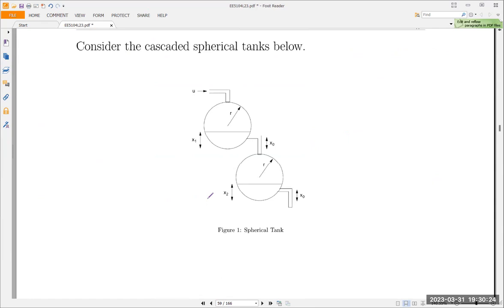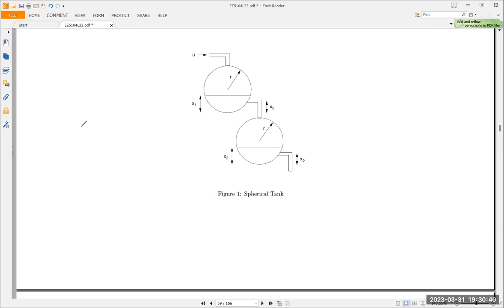So now we want to control the level in these two spherical tanks, the level x2 at the second tank. So we have two tanks. This is quite common in chemical engineering. You have chemical going into tank 1, then they mix, then chemical reaction takes place.